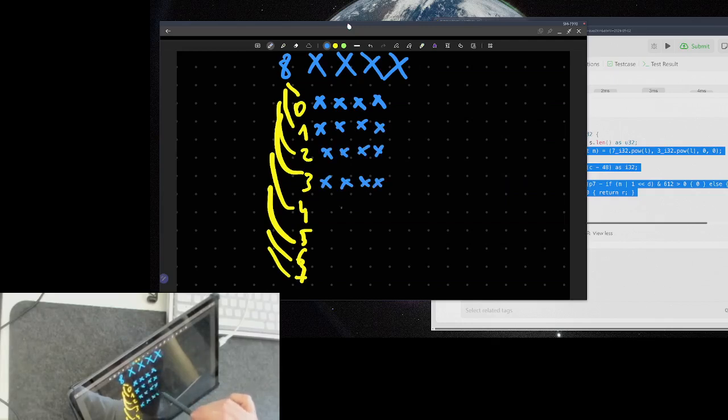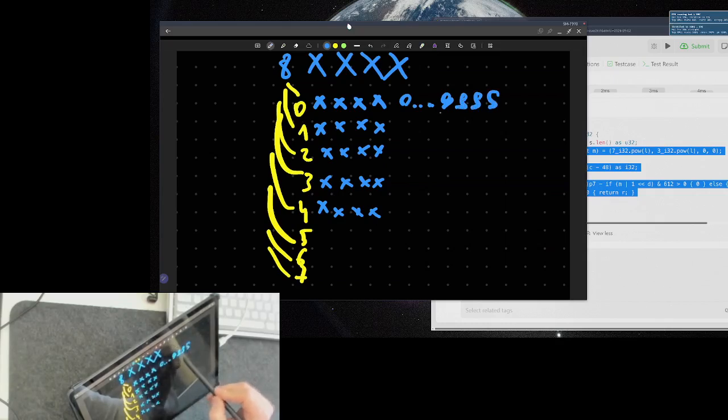And each of these trees is itself a subtree of all numbers starting with, say, 0, so this would be a range from 0 up to 9999, so 4 nines.